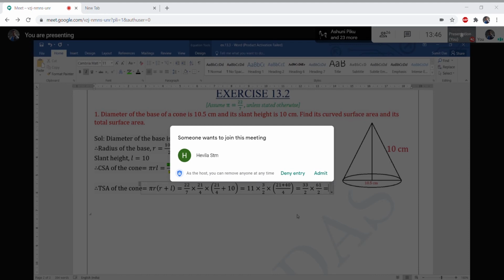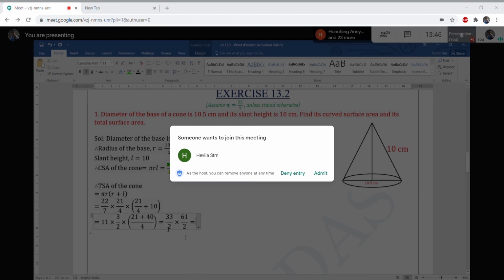If you simplify this one, the calculation will be like, okay, here it will be 4, right? Yeah, it will be 4. So numerator will be 33 into 61, denominator will be 8. 2013.